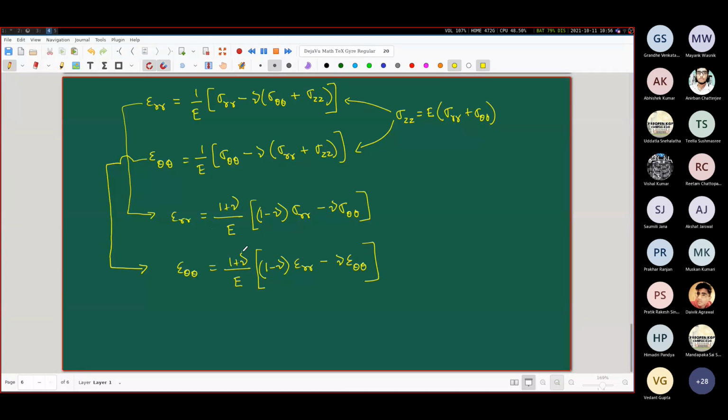So from these two, if we just solve for sigma rr and sigma theta theta, we are going to obtain sigma rr is equal to E by. So please note that I am not doing this in my head. I've already done this in my copy. I'm just copying from there.